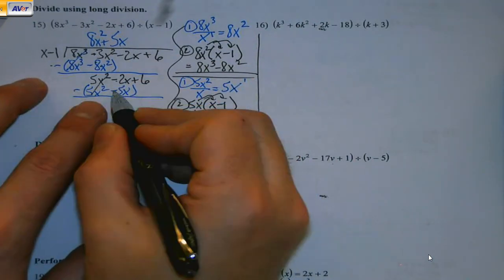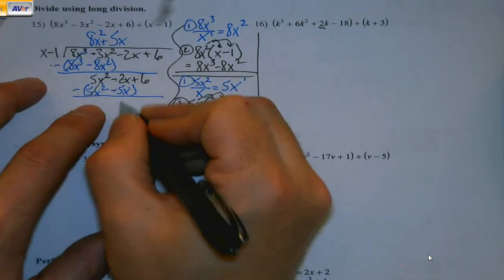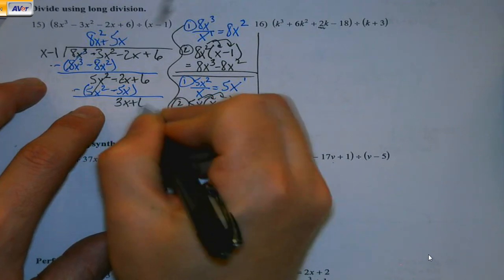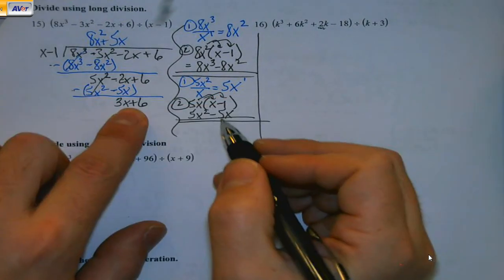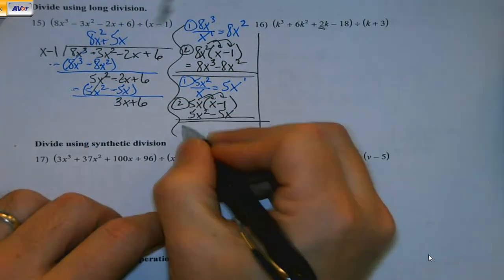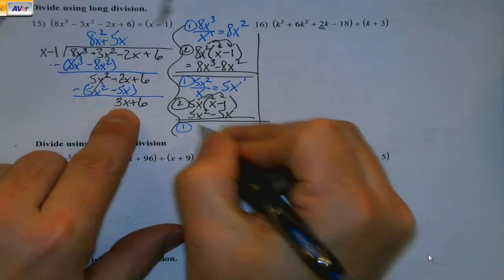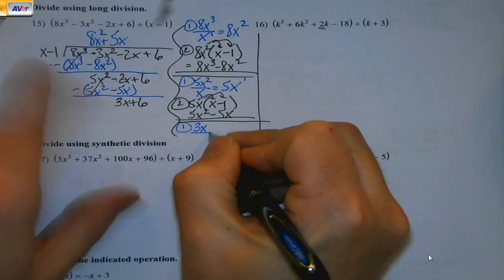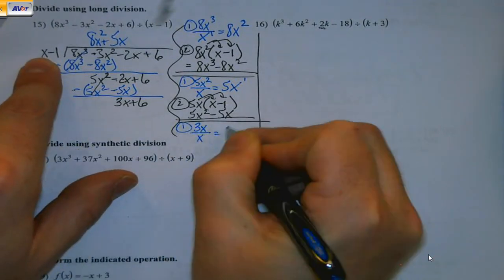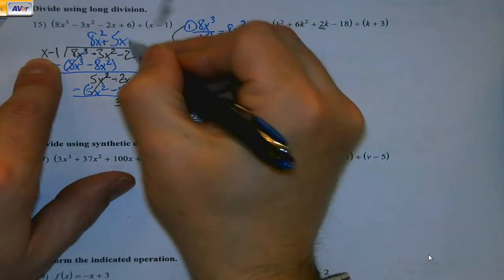-2 minus -5, -2 plus 5. And I'm like, dang, there's still an x. I got to do it one last time. First term divided by first term. X's cancel. 3.